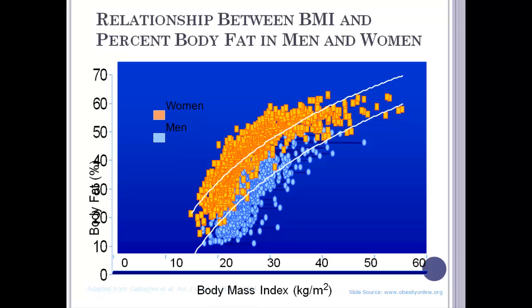In addition, people who have a larger muscle mass can have an obese body mass index despite having a normal amount of body fat, while those who have excess body fat and reduced muscle mass may show up as having a normal BMI, but it certainly doesn't mean that they're any healthier.